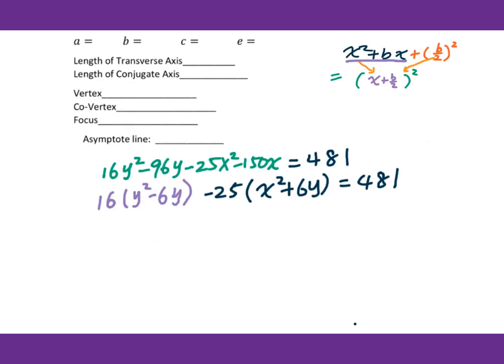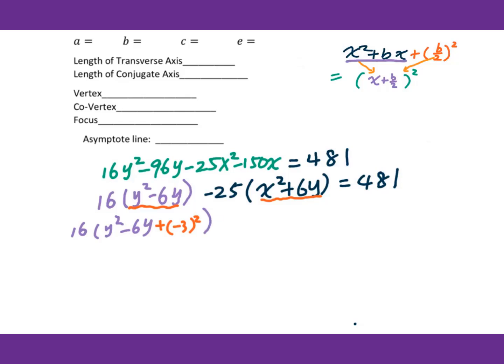Now we need to add b over 2 squared inside these parentheses. Therefore, we get 16 times y squared minus 6y. You need to add b over 2 squared, that is negative 3 squared.